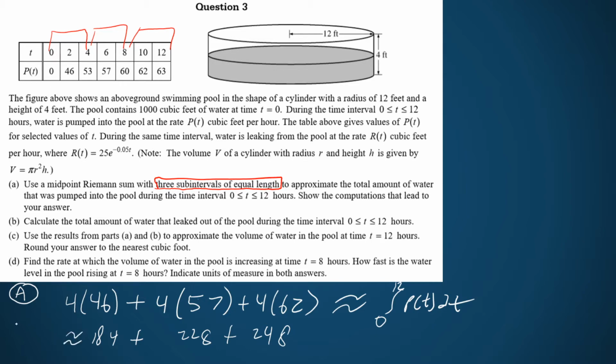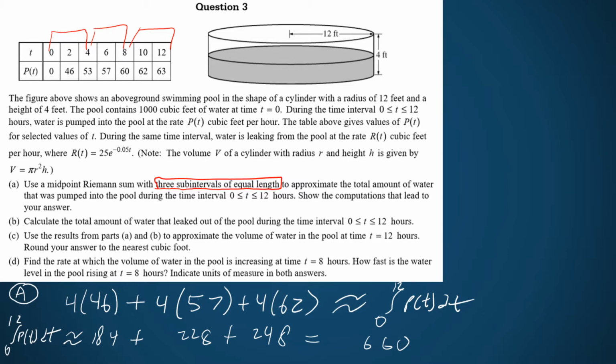Let's throw this on the other side: integral from 0 to 12 of P(t). If we add that, this is 20, 16, and I've got 660. Okay, do you guys match?